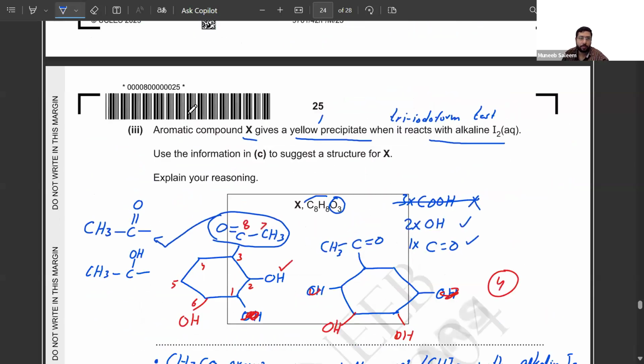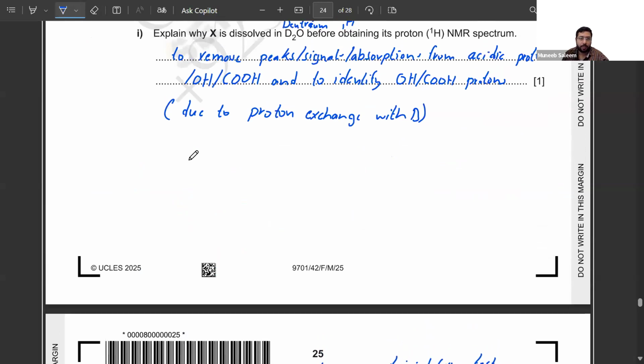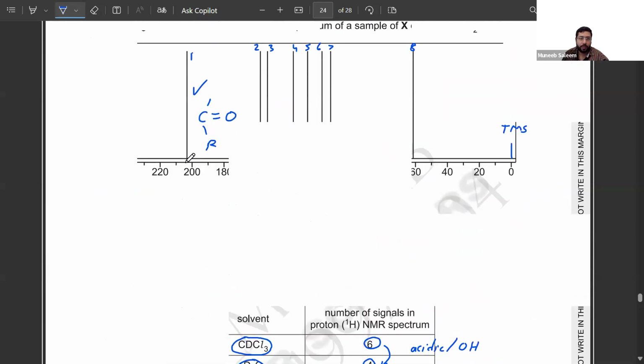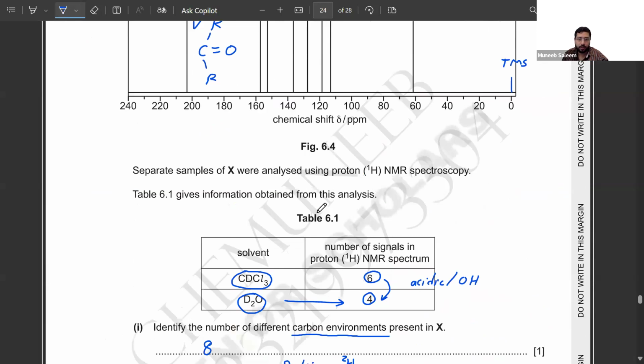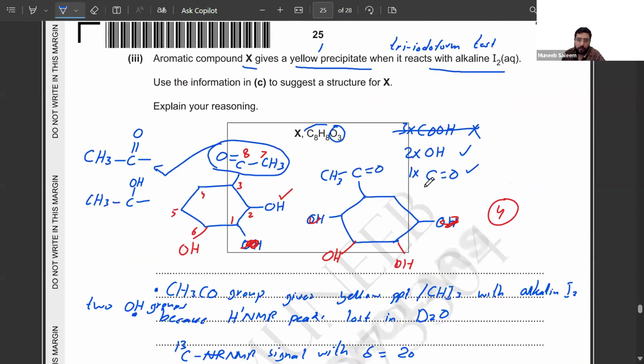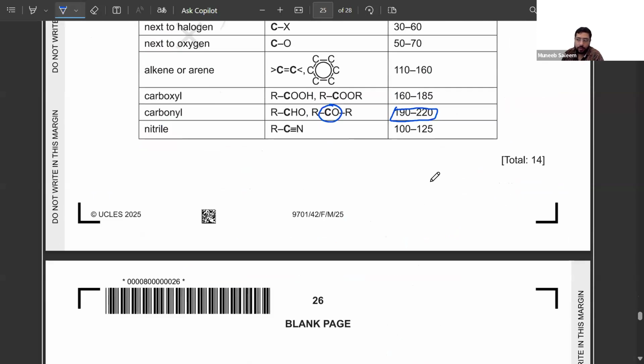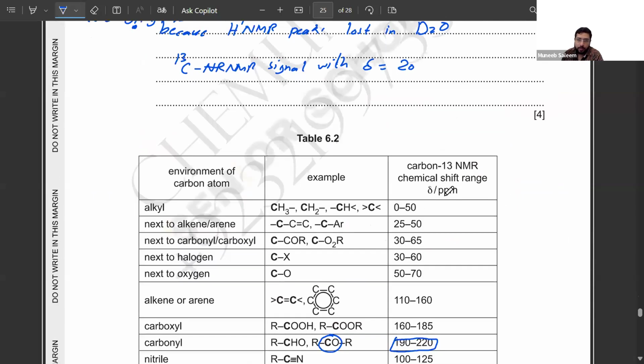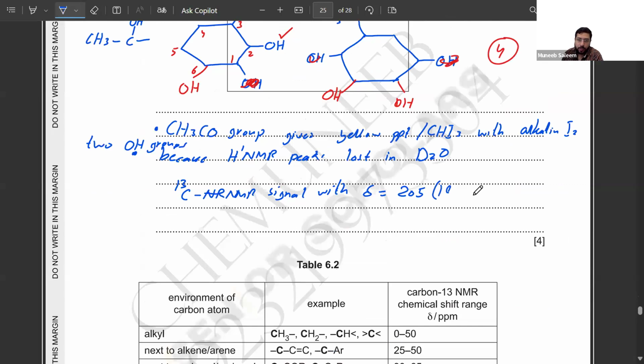We can see from here the chemical shift value is around 205 because of its position. So chemical shift value around 205, which is the mid of the 190 to 220 chemical shift value.